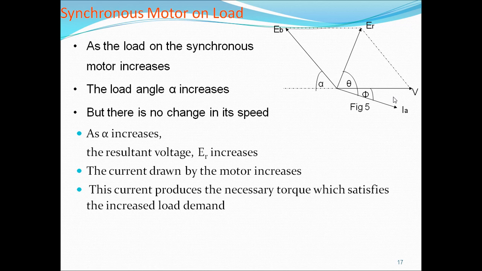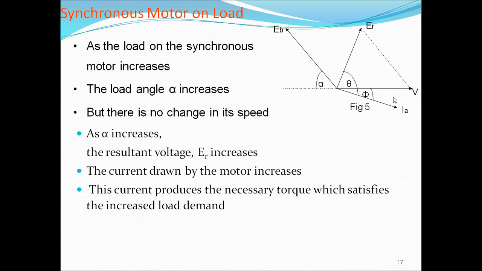This is called the load angle or coupling angle, as the rotor and stator pole engagement is not absolutely rigid. From the vector diagram, it is clear that the resultant voltage ER and hence IA are brought into existence when there are losses.